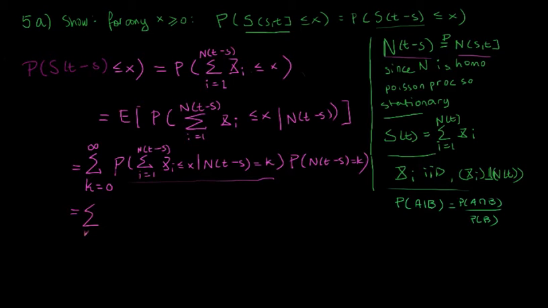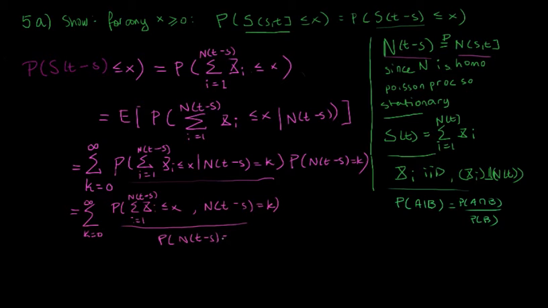So we have the sum from 0 to infinity, and then I have the probability that Xi is smaller than or equal to x, for i going from 1 to N of t minus s, intersected with the event that the number of claims from 0 to t minus s is equal to k, divided by the probability that the number of claims from time 0 to t minus s is equal to k.